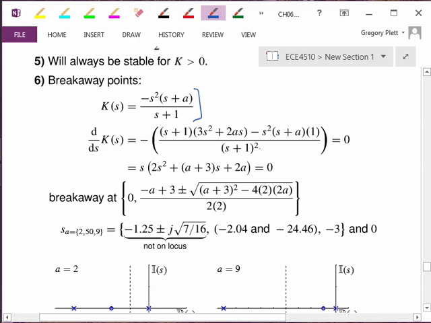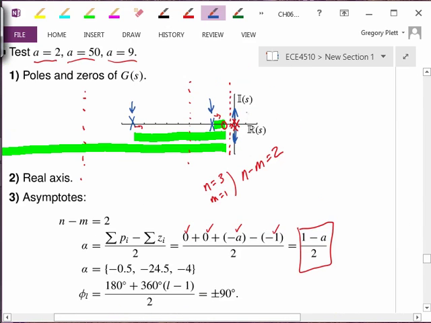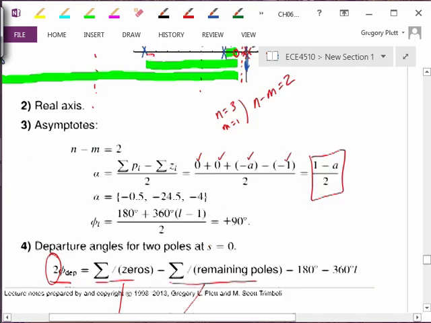We work all of that out, and we get this equation equals 0. This tells us that we have a breakaway point when s equals 0, where two branches of the locus intersect. We know that because at s equals 0 I have these multiple poles that have come together and are actually splitting apart from there as k increases above 0.